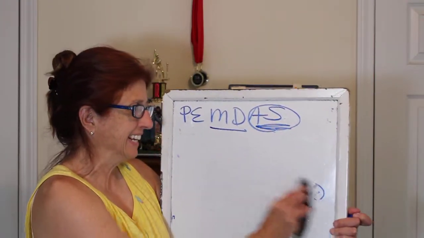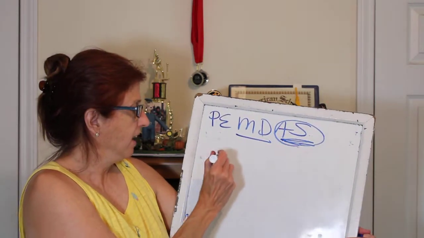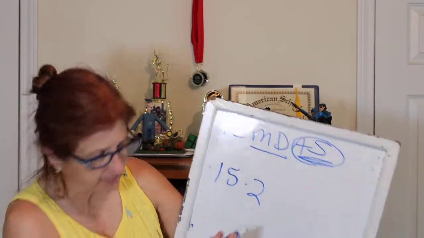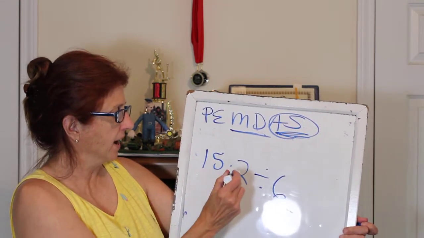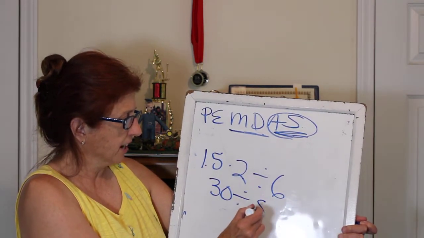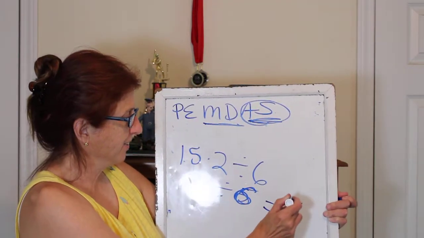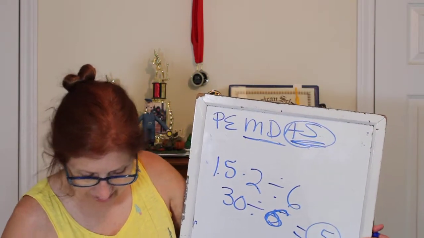You could also put it exactly like that in your calculator and it could do it. 15 times 2 divided by 6. Okay, so multiplying and dividing left to right. 15 times 2 is 30 divided by 6 equals 5. I got too excited. I wanted to write the answer. All right, let's do another one.